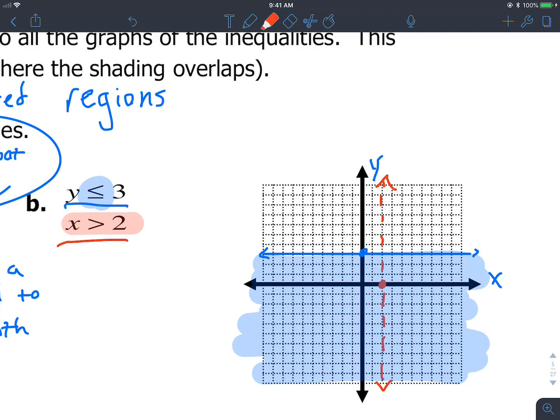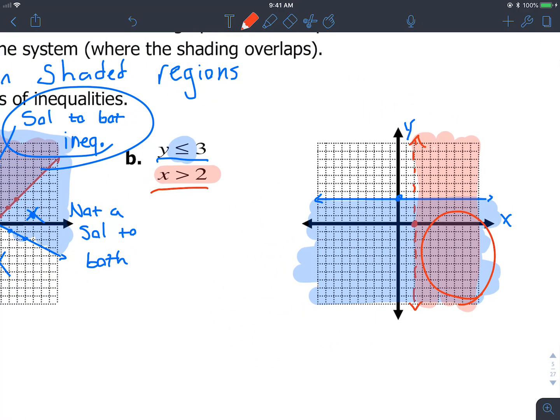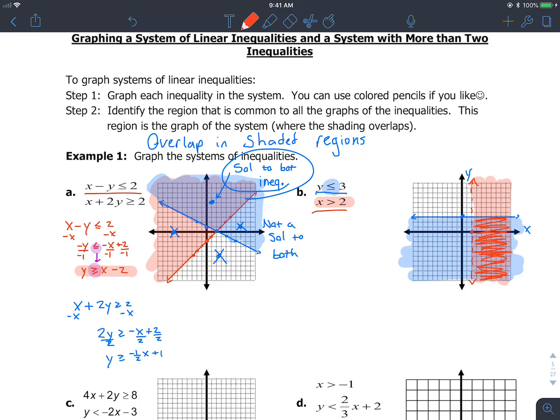All the x values that are bigger than 2 are going to be over on this right side, so we're going to shade the right side. Everything in this region is a solution. Usually, I tell students to make sure it's darkened a little bit more than everything else, so we know what your solution is.